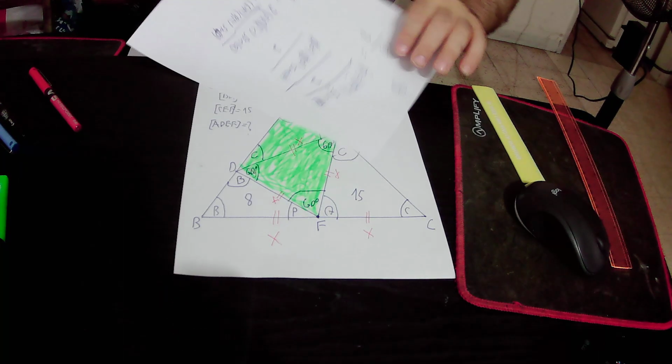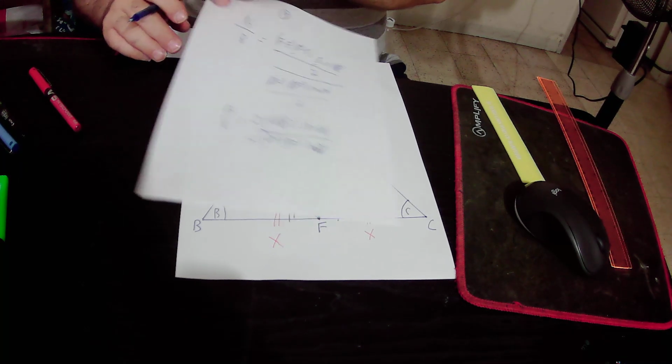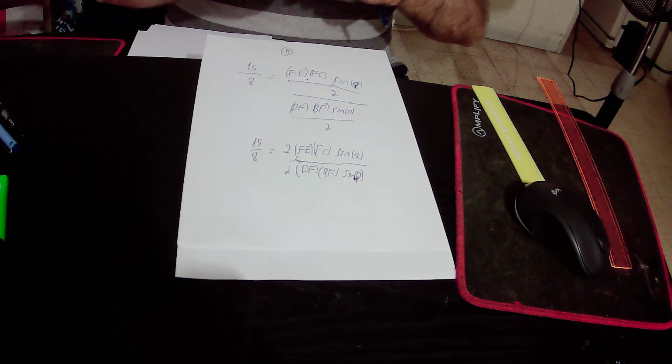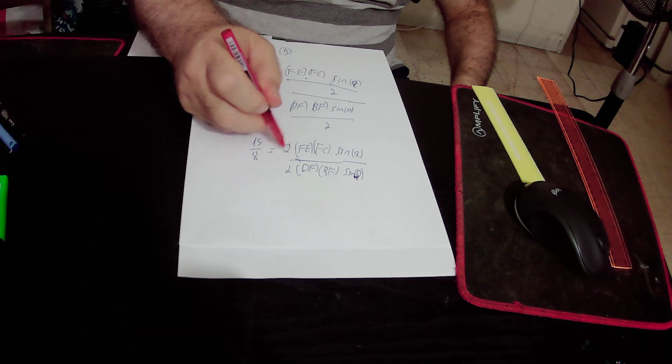Okay, so we got this equality. Here we have 2 over 2 is 1, so 2 is cancelled.